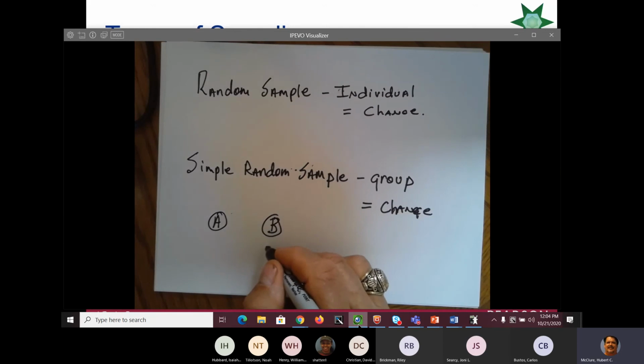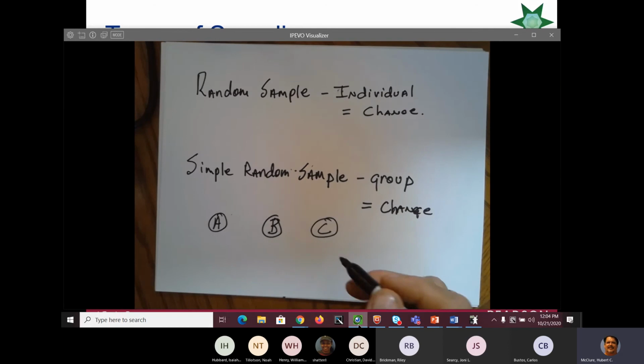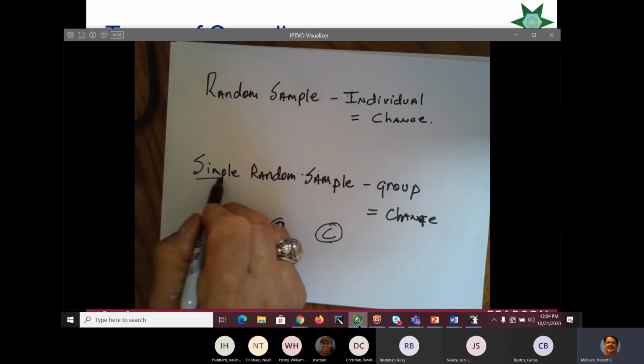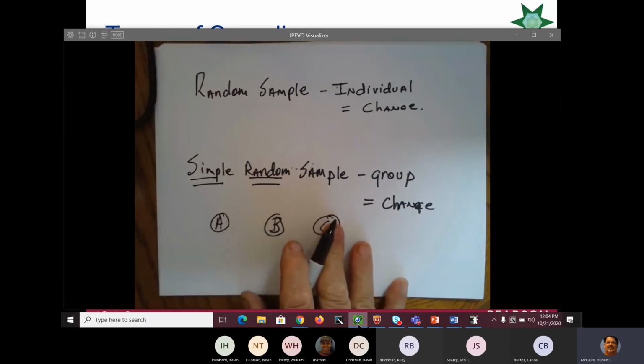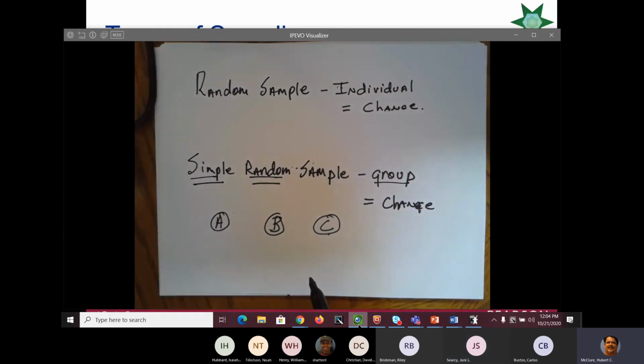The third piece of paper I call Group C, and I put Henry and Christian on it. I put those 3 pieces of paper in a goldfish bowl, scramble them around, and pick one of those 3 pieces. That's called a simple random sample. A simple random sample is usually when you use some type of group, and each group has an equal chance of being picked. Now, what does that mean with systematic?